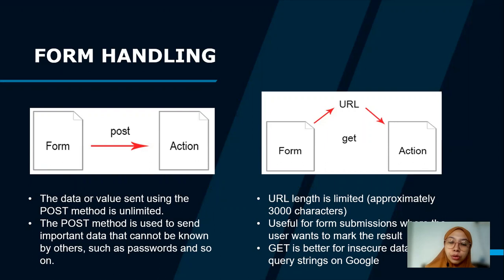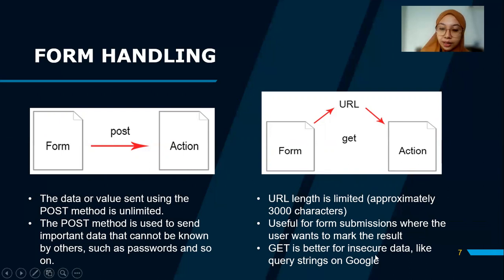And if you need to test, for example, you can use get, so you can see whether the value you have input has been processed or not, or whether the value is correct or not. It's better for insecure data, like a query string in Google, because a query string is not important and we don't need security. You can use get.